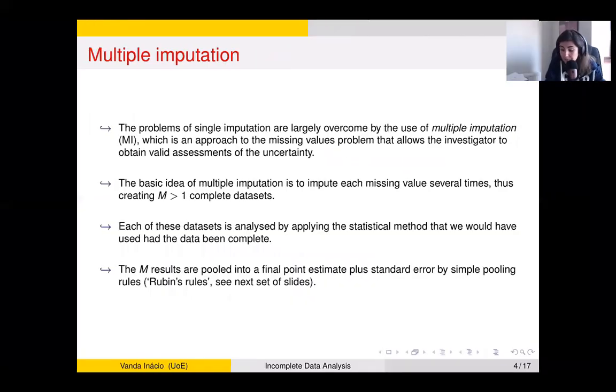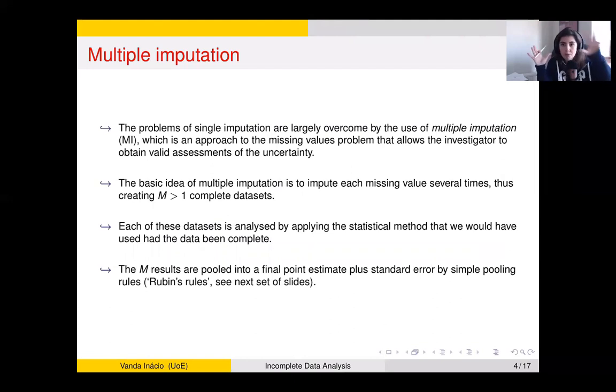And basically, this is what multiple imputation proposed. So don't replace each missing value by a single imputed value, but replace it by several imputed values. So what we do in multiple imputation is we have our original data set, we have missing values, and we create several copies of our original data set.